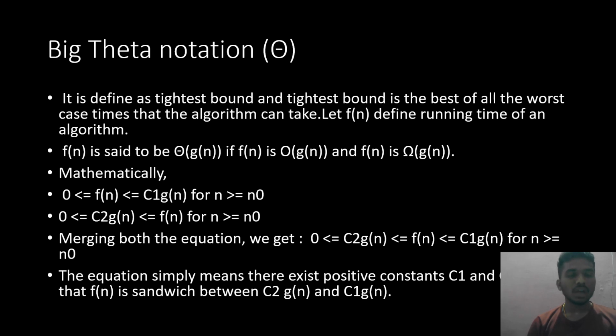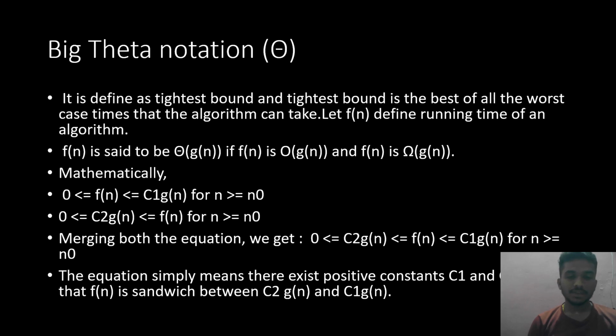Mathematically, 0 is less than or equal to f of n less than or equal to c1 g of n for n greater than or equal to n0, and 0 is less than or equal to c2 g of n less than or equal to f of n for n greater than or equal to n0.